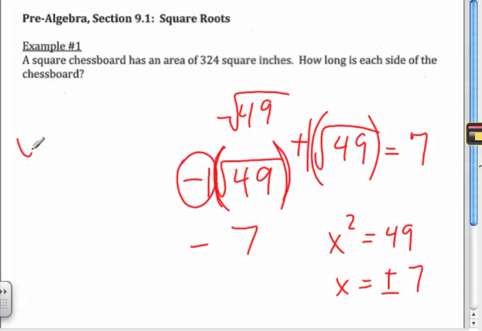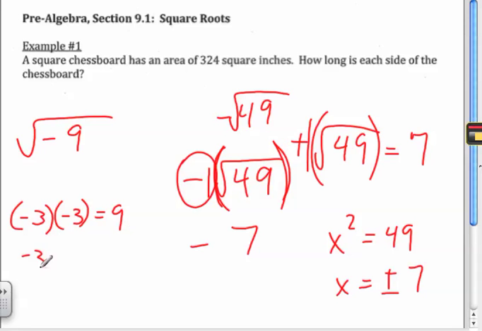Hey guys, what about this one? The square root of negative 9. Simon? That would be negative 3. Well, let's see. Negative 3 times negative 3 is positive 9. I'm saying like negative 3 times 3.